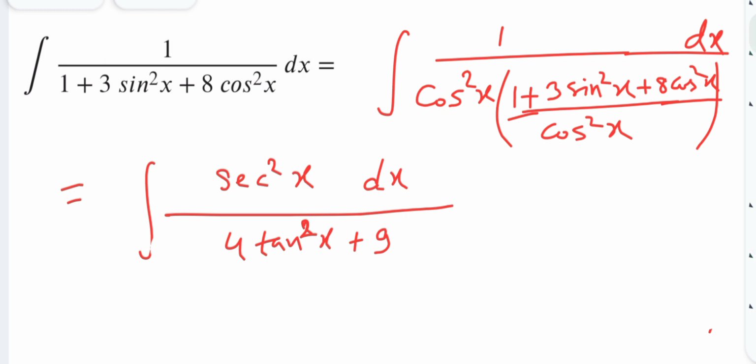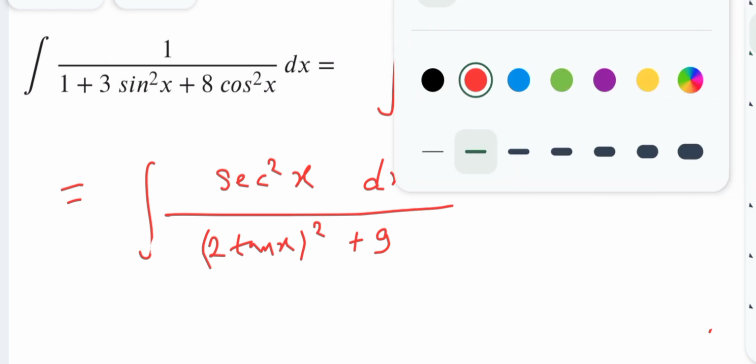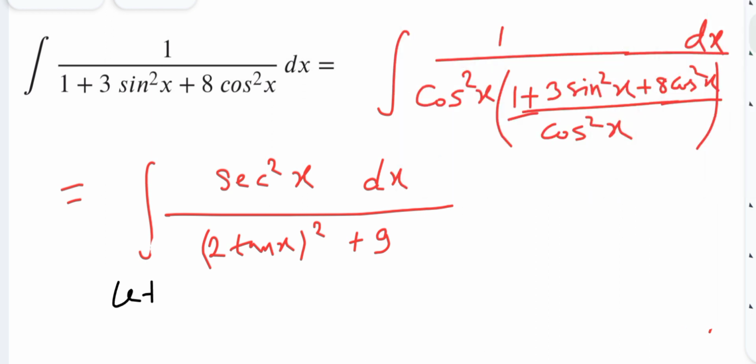Now see, the denominator 4 tan square x, I can write as 2 tan x whole square. So I want to make this in t square form. Suppose I assume that 2 tan x is t. Let 2 tan x be equal to t.